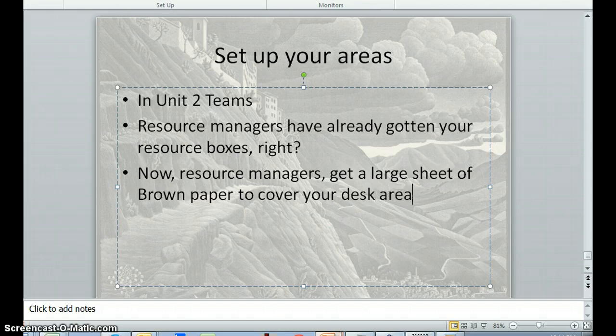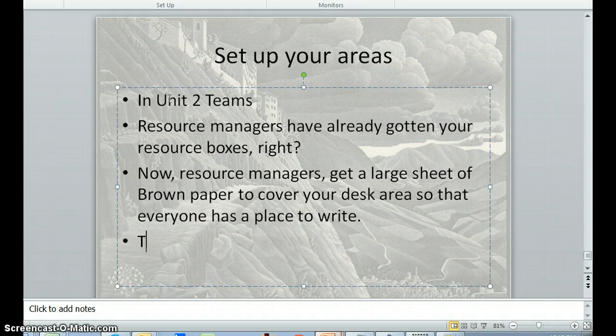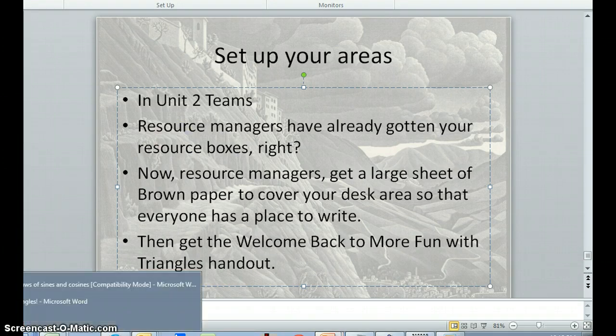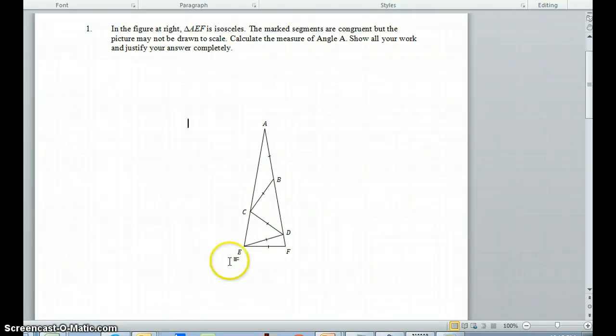I'd like you to get a large sheet of the brown paper that's on the roll over in the corner by the window, and I want you to cover your desk area so that everybody has a place to write. Then get the Welcome Back to More Fun with Triangles handout. It looks like this.